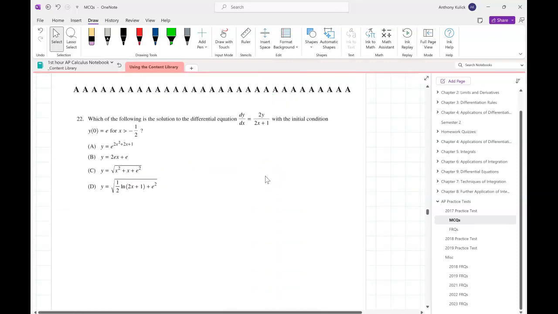22 was our most guessed question. I thought this was the second hardest question after 14.